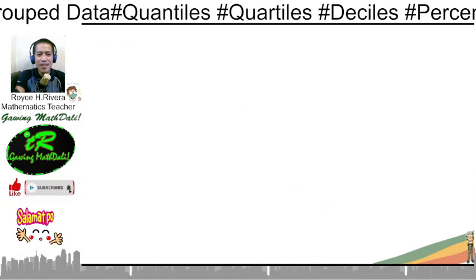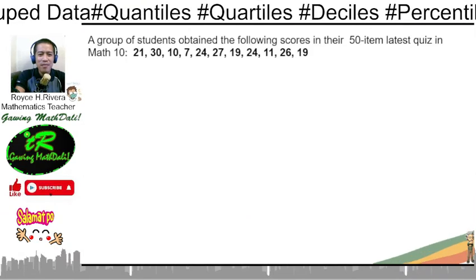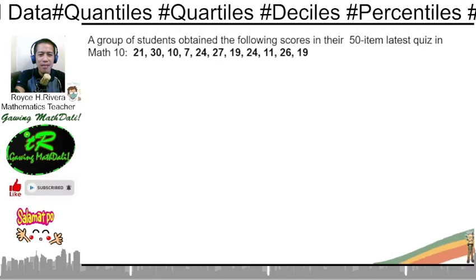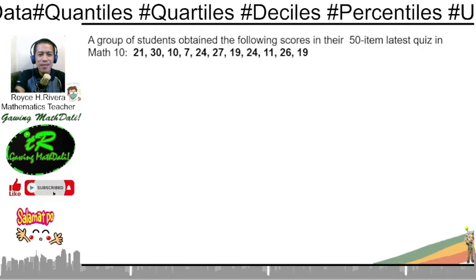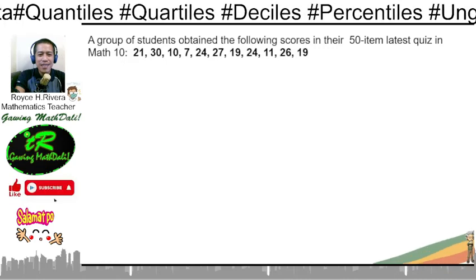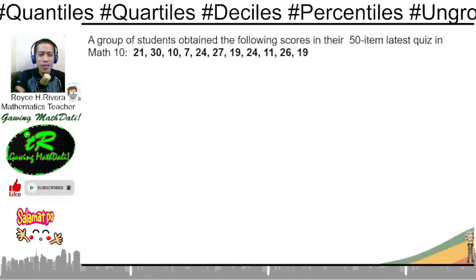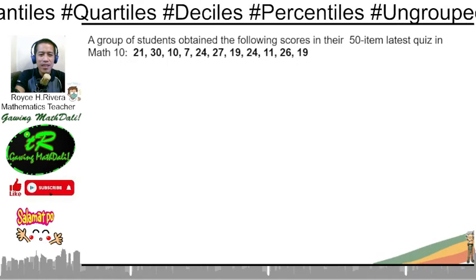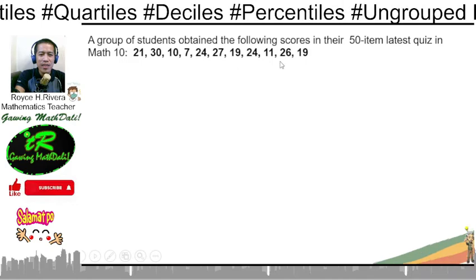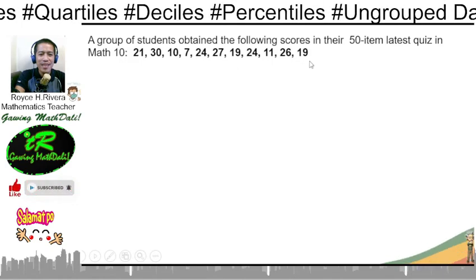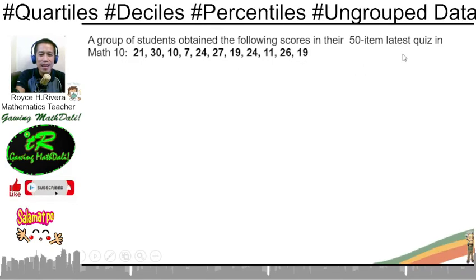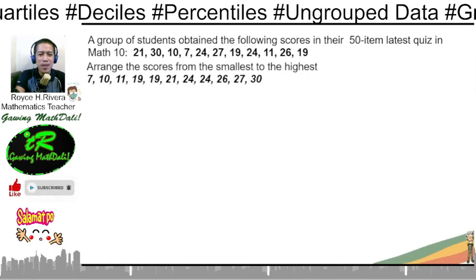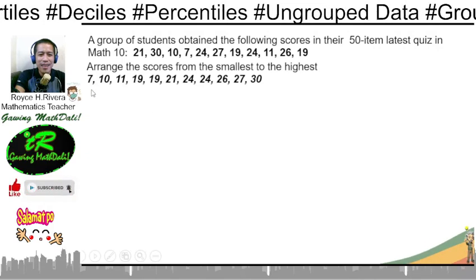Para sa ating unang example, we have a group of students who obtained the following scores in their 50-item latest quiz in Math 10. Here are the data: 21, 30, 10, 7, 24, 27, 19, 24, 11, 26, and 19. Ang kailangan natin gawin: arrange the scores from smallest to highest, similar to this one.